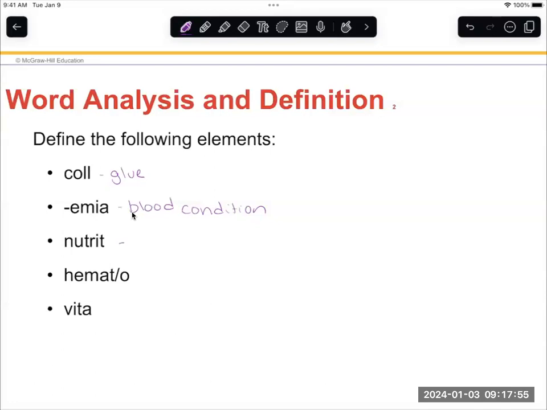Nutrient, like nutrient, means nourishment. The combining form, hemato, means blood, like hematology. Vita, like vitamin, means life.